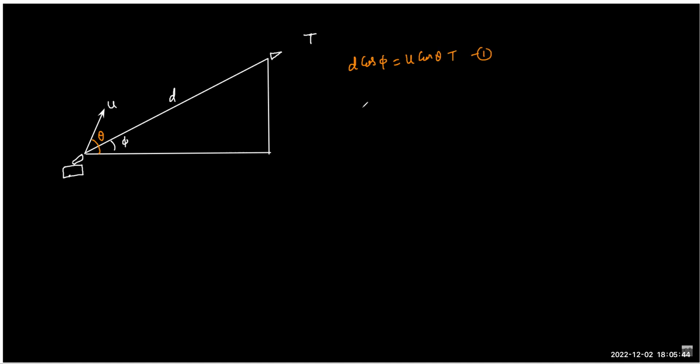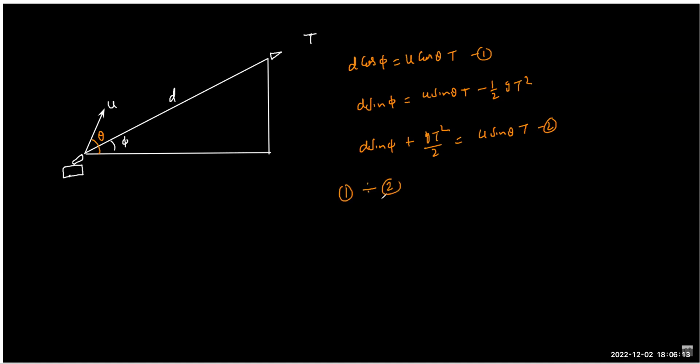And the vertical displacement is how much? Which you can write as u sin theta t minus half g t square. Then dividing one by the other, we get D sin phi plus g t square by 2 upon D cos phi, which is tan theta.